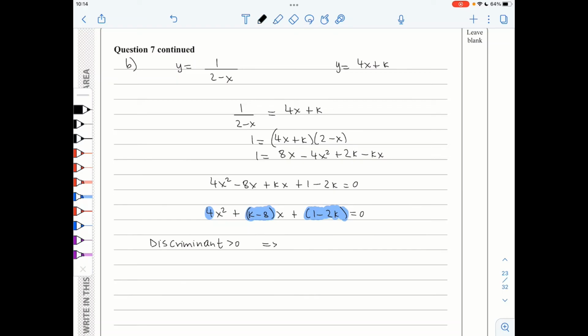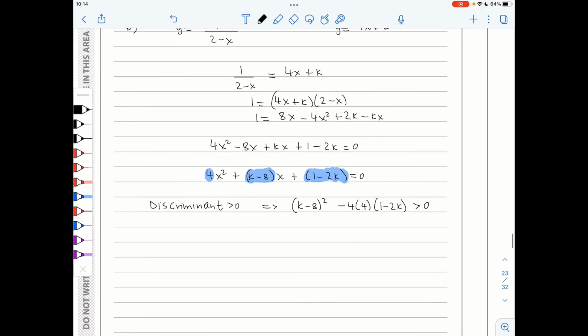So the discriminant is b squared minus 4ac, which has to be greater than 0 for two distinct cuts. I will now expand. I get k squared minus 16k plus 64 minus 16 plus 32k is greater than 0. So k squared plus 16k plus 48 is greater than 0 as required.